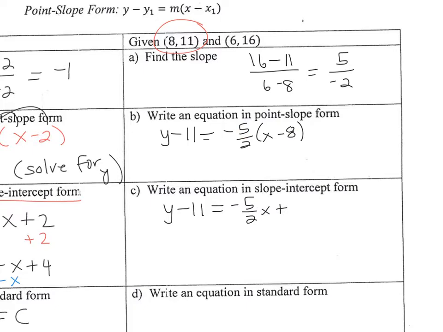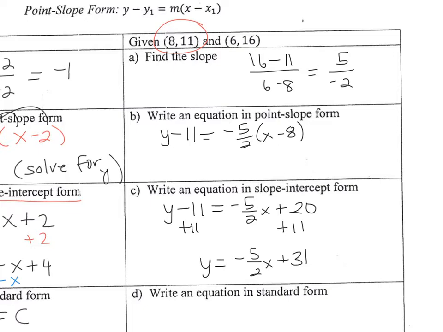When you multiply negative 5/2 times negative 8, you're multiplying the numerators, which is going to be 40, and you're dividing by 2, so that's going to be plus 20. So I still need to add 11. So in slope-intercept form, it's y equals negative 5/2 x plus 31.